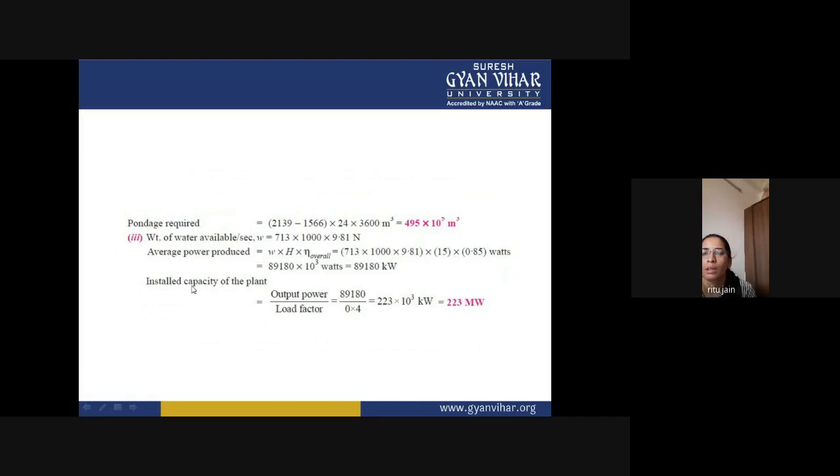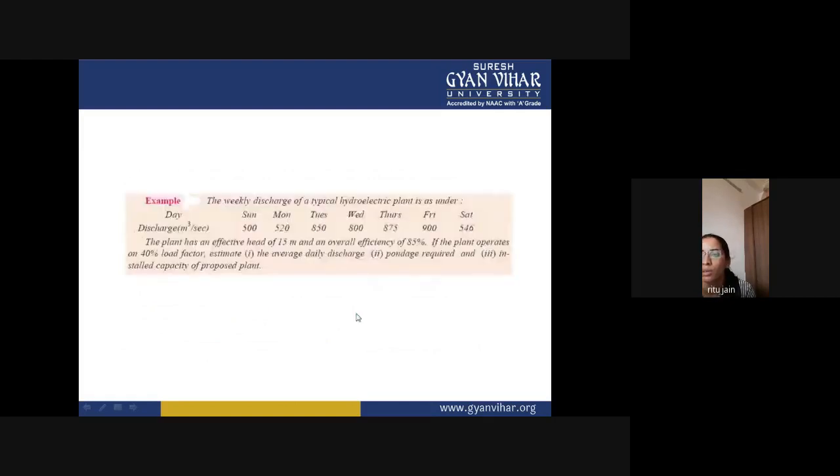Okay. And the installed capacity of the plant is equal to output power upon load factor, which is equal to 89,180 upon the load factor, which is given.